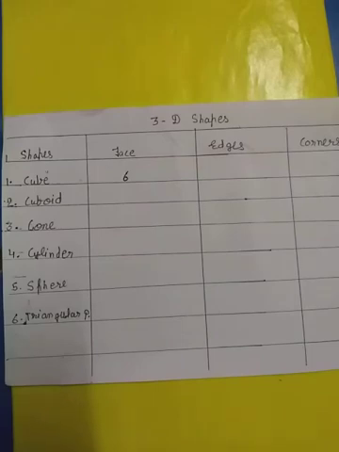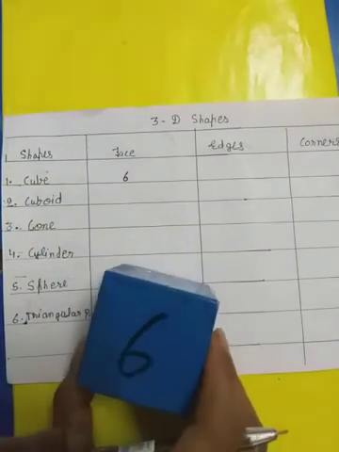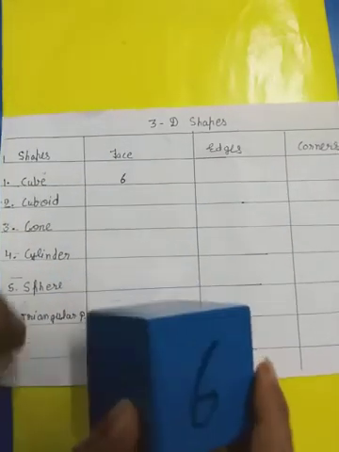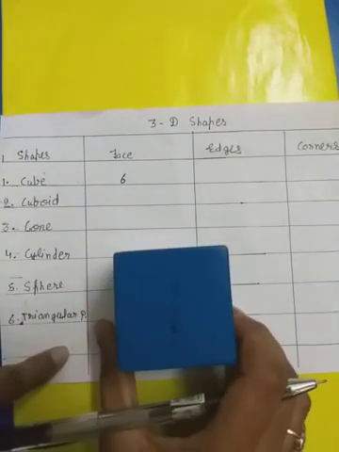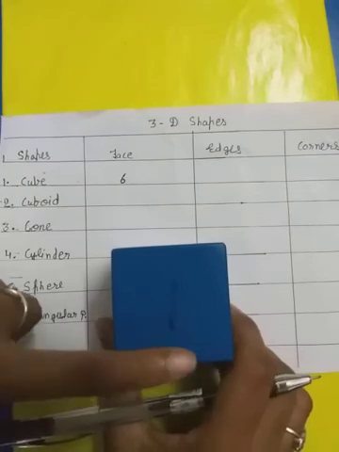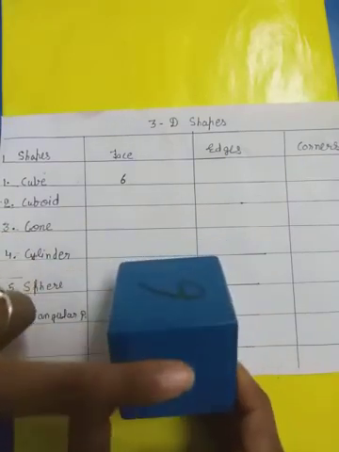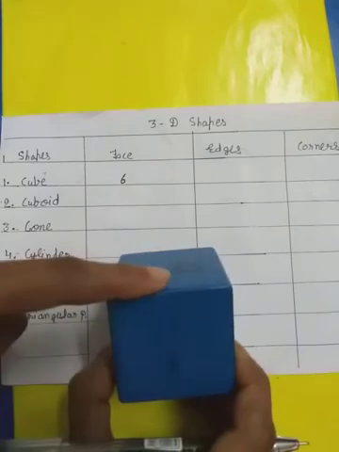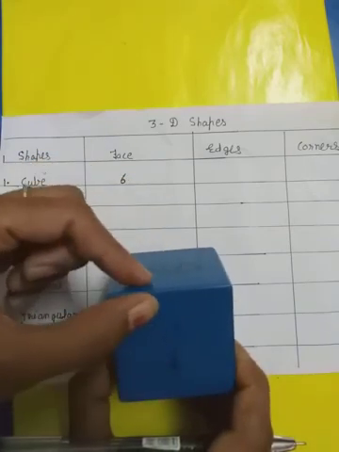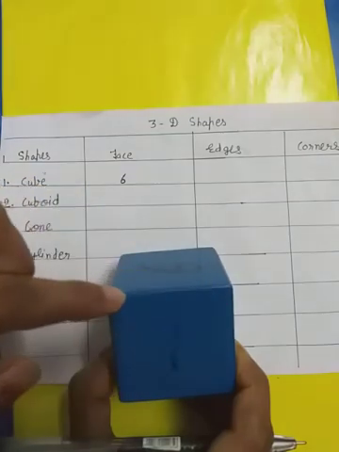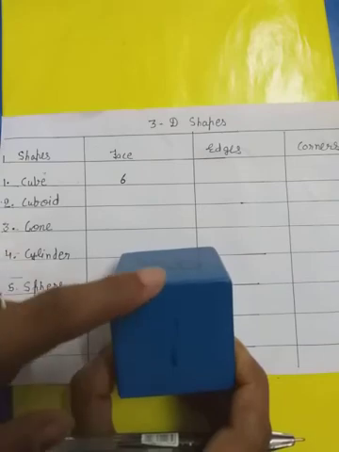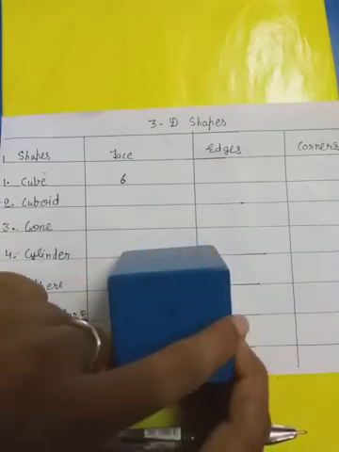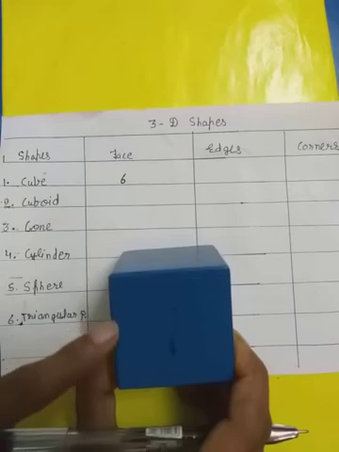Next we have edges. What is the meaning of edge? Edge means where two faces meet, that is called an edge. So let's see. This one is a face and this one is a face, and both faces meet at this side, so this one is an edge. 1, 2, 3, 4.